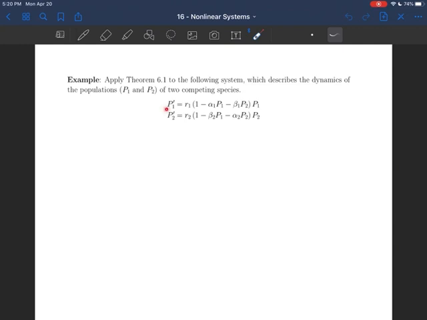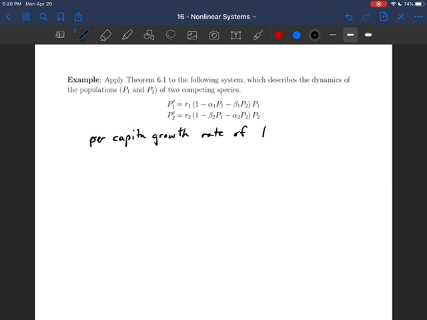Let's apply Theorem 6.1 to the following system. This is a system that describes the dynamics of two competing species whose populations are given by P1 and P2. So just a little note of what's going on here. Here we have the rate of change of population 1 is some big thing times P1. So that means it's proportional to its current population size.